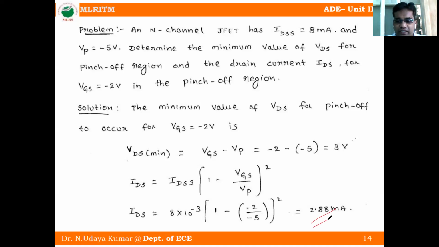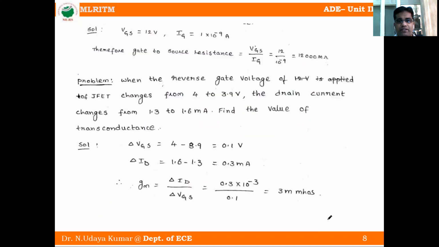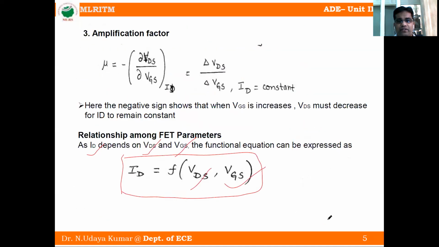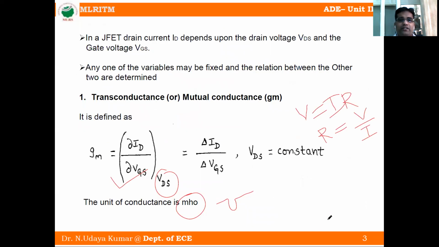Okay, let us summarize today's session. Today we saw the characteristic parameters of junction FET. In junction FET we have three parameters: drain current, gate voltage, and drain voltage.